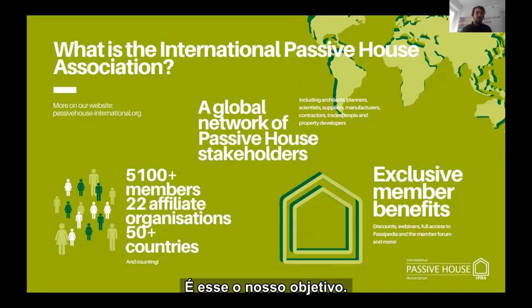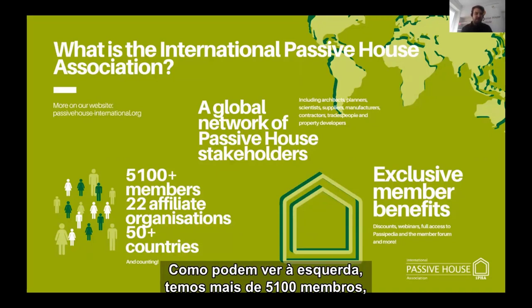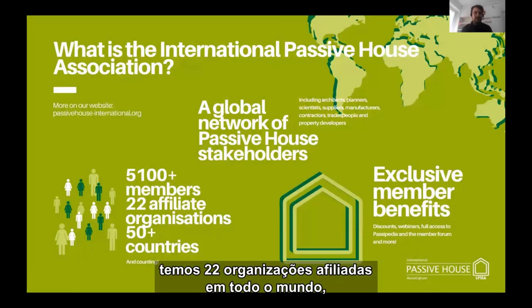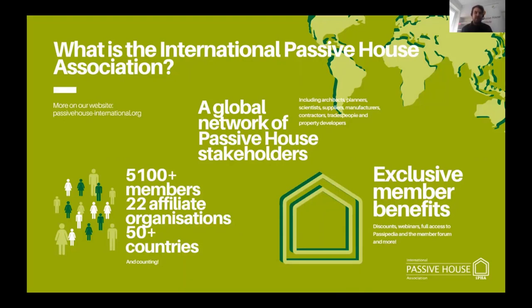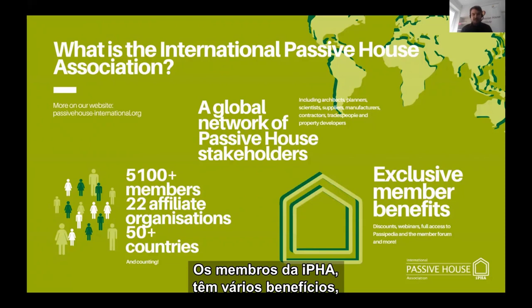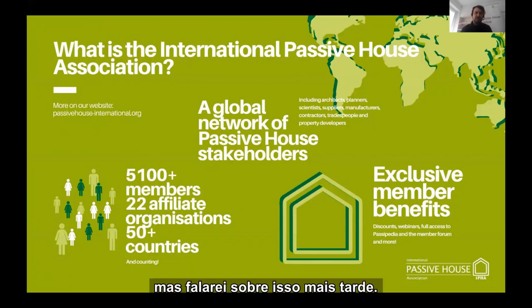That's our goal. As you can see on the left, we have currently about 5,100 members, a little more. We have 22 affiliate organizations all around the world, which are our partners, and we have members in over 50 countries.